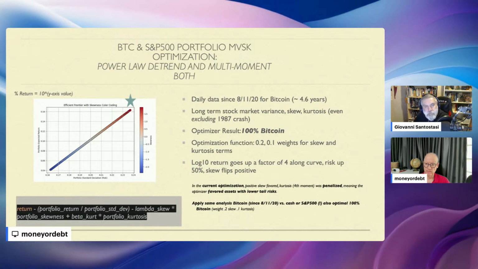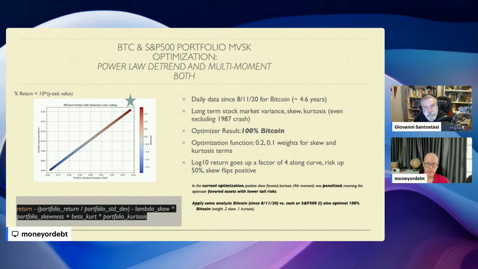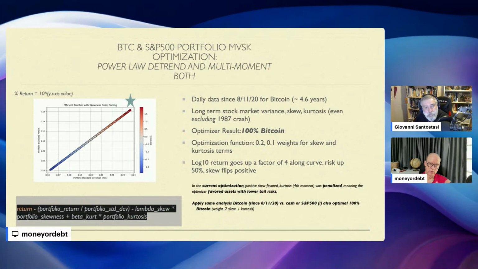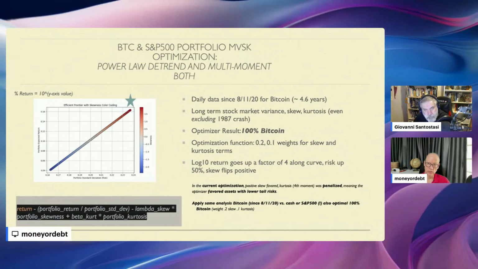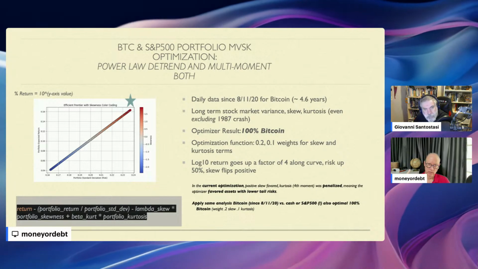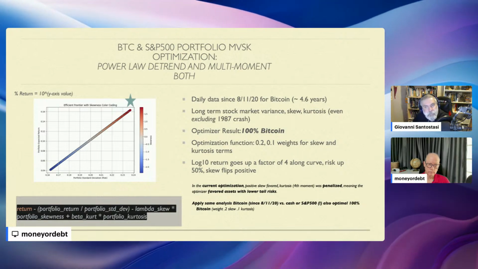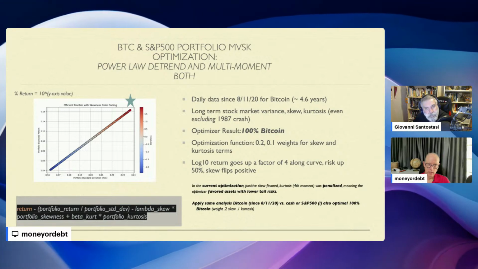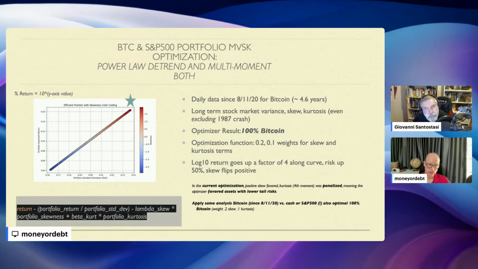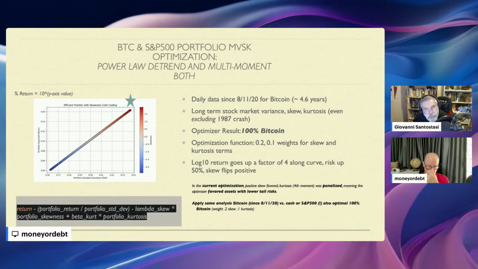So it's blue if you start out in the lower left, it's -2 something with stocks. And then as you add more and more Bitcoin, you move up that curve, and the skew flips to positive and becomes quite large, noticeably 1.6 or 1.7. You can apply the same thing against cash, and you'll get 100% Bitcoin.